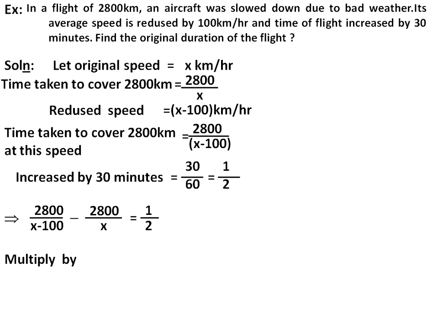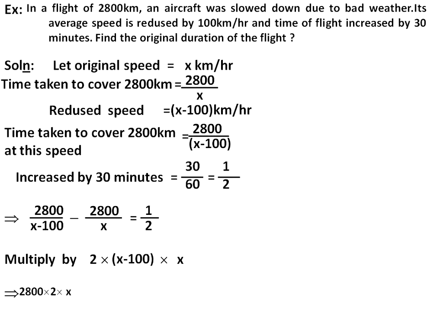So I don't want denominators. In the denominator x minus 100 is there, x is there, 2 is there. So multiply throughout by 2 into x minus 100 into x. If I multiply the first fraction 2800 divided by x minus 100 throughout by 2 into x minus 100 into x, x minus 100 and x minus 100 are cancelled.